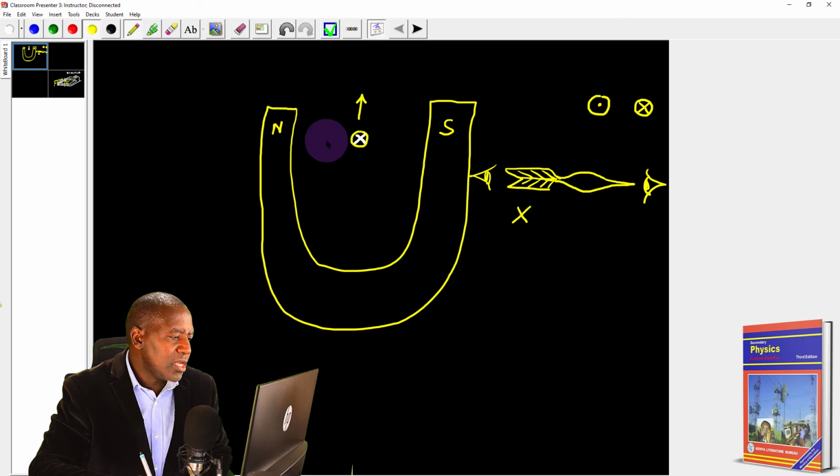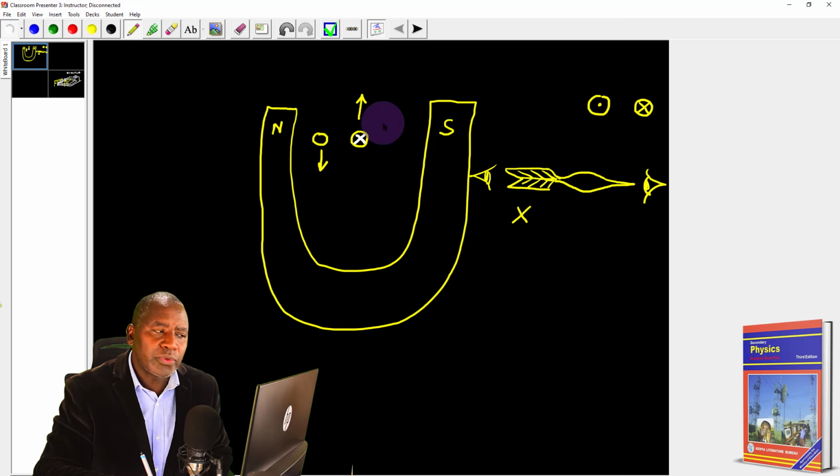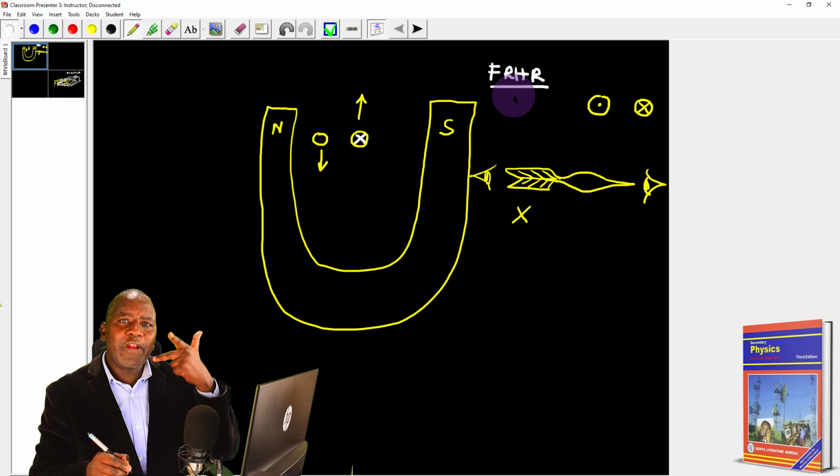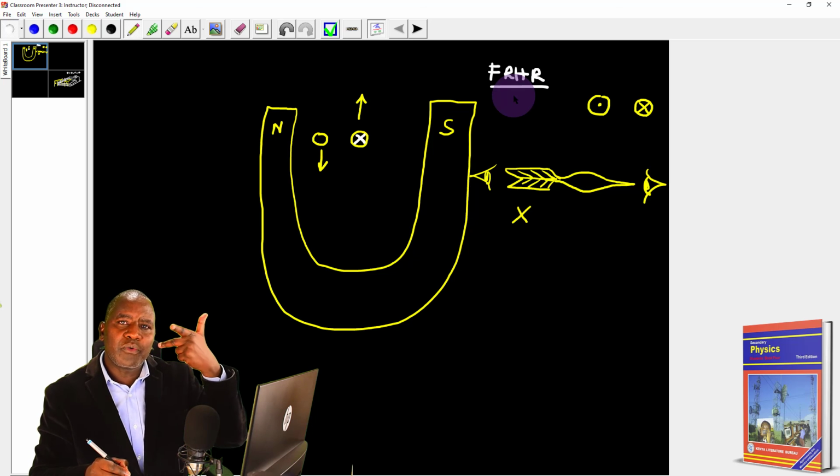How about if this conductor is being moved downwards? Again, you will be able to use Fleming's right hand rule, Fleming's right hand rule for generators. Remember, somewhere in Form 2, we learned about Fleming's left hand rule for motors.